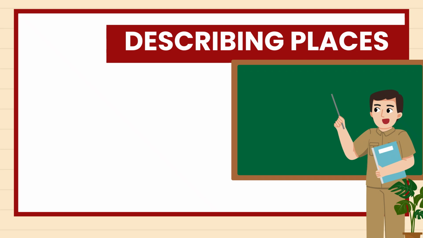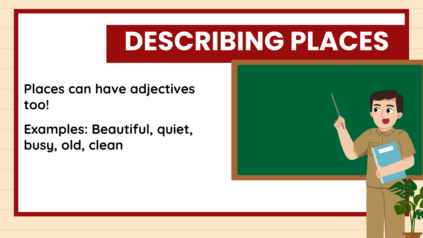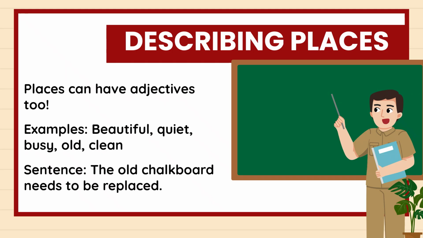Did you know we can also use adjectives to describe places? Look at these words. Beautiful, quiet, busy, old, and clean. Here's an example sentence. The old chalkboard needs to be replaced. Which word describes the chalkboard?